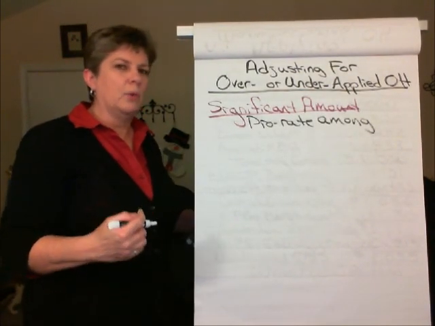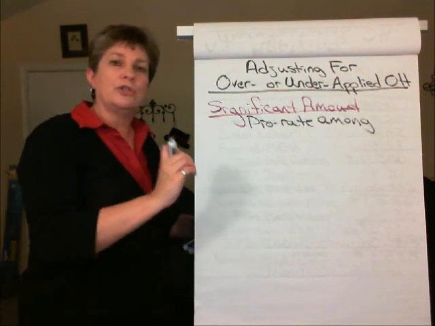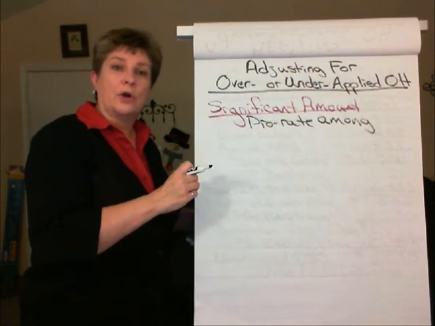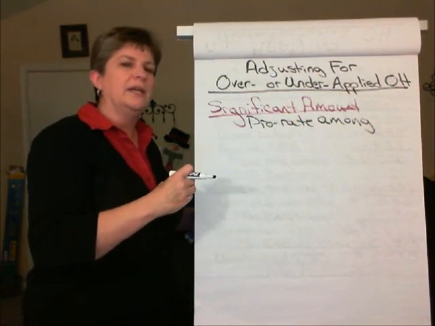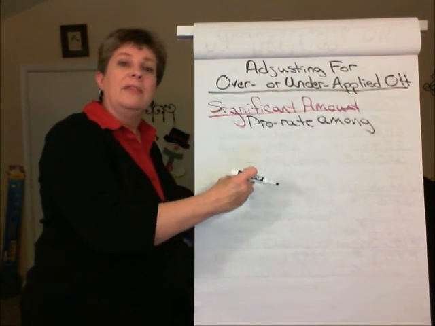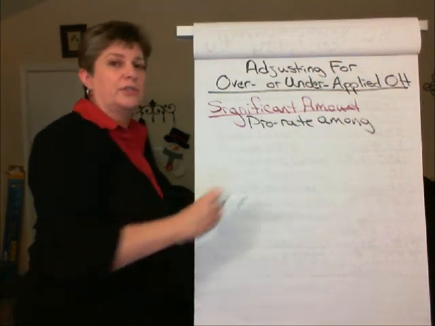And let's think about what accounts would be affected. The applied overhead is charged first to work in process inventory, and then when the products are completed or the job is completed, the cost may flow into finished goods inventory, and then when the product is sold, the cost may flow into cost of goods sold.